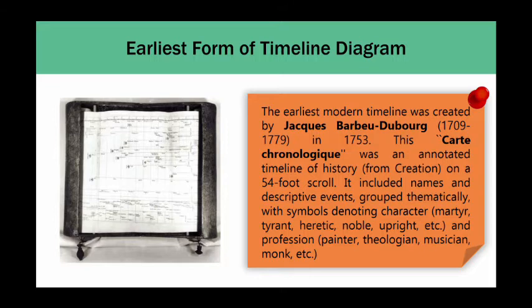So, he was attempting to create a timeline diagram from the creation of the world to the present in their time, and it includes names and descriptive events, grouped thematically with symbols denoting character. In the picture, it may look small, but it is a 54-foot scroll.